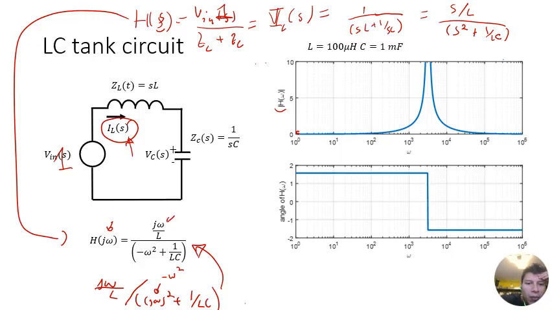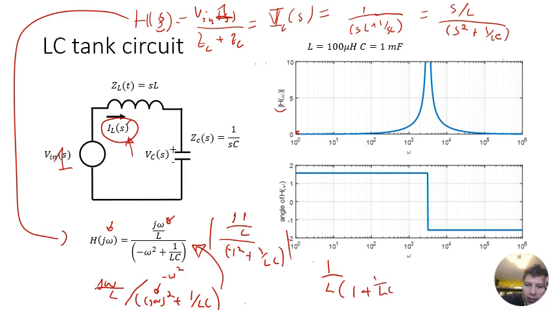So if I evaluate this at 1, I'm going to get j1 over L divided by 1 squared plus 1 over LC, negative. And then if I take the magnitude, that's just going to be equal to 1 over L over 1 plus 1 over LC. And then I can just plot it.